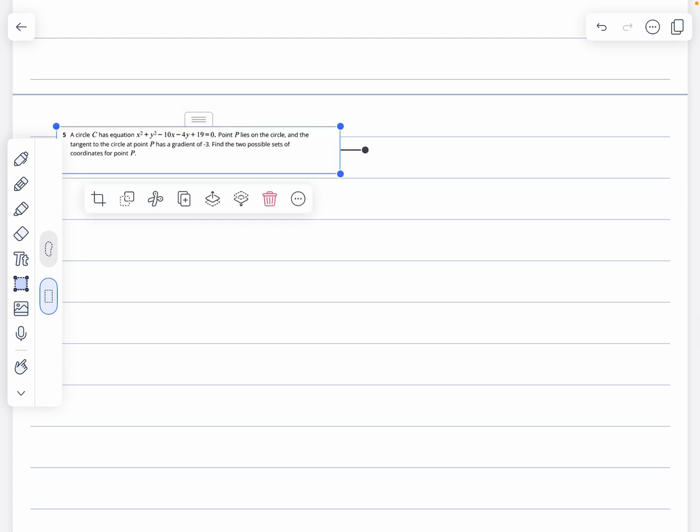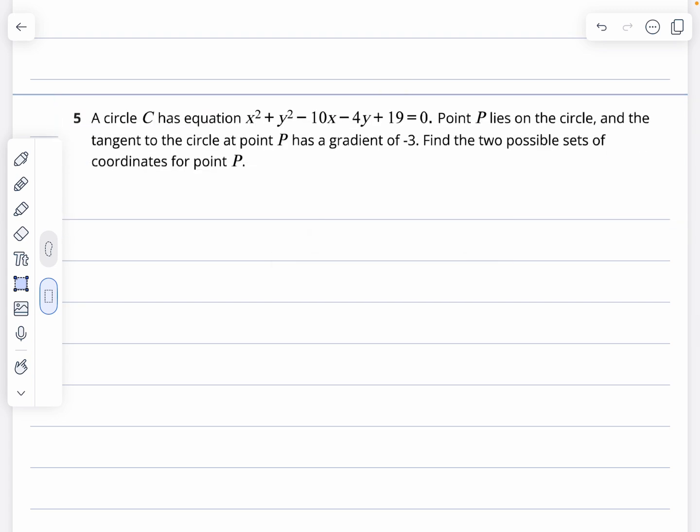Copy that over here. What does it say? A circle has an equation x square plus y square minus 10x minus 4y plus 19. Point P lies on the circle and the tangent to the circle at point P has a gradient -3. Find the two possible sets of coordinates of P.